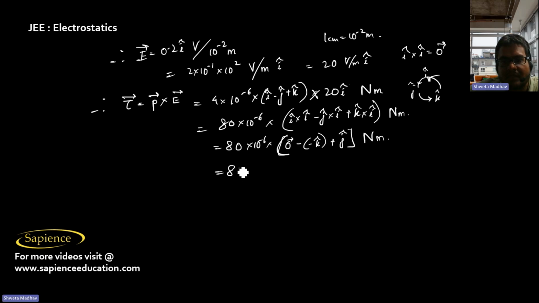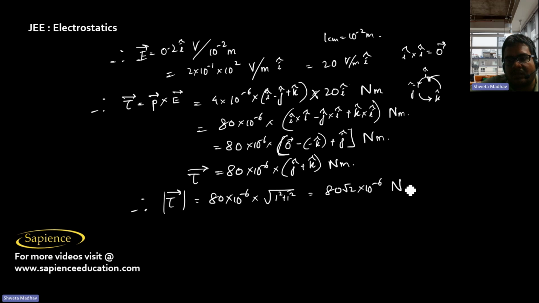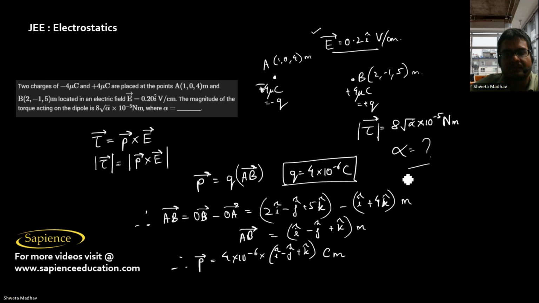So this will be 80 into 10 power minus 6 into (j cap plus k cap) Newton meter. This is the torque acting. The magnitude of this torque will be 80 into 10 power minus 6 into square root of 1 square plus 1 square, that is root 2. So 80 root 2 into 10 power minus 6 Newton meter.